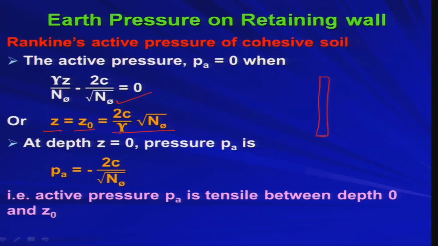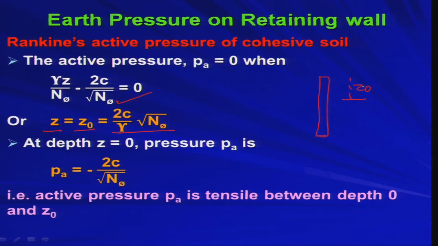Rather, in the active state, when z is equal to z naught, which is 2c by gamma into root over N phi, at some distance from the top of the wall, your active earth pressure becomes 0.